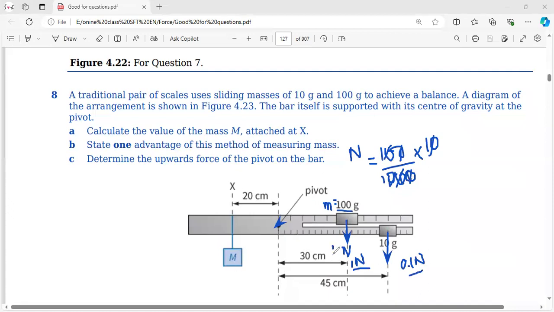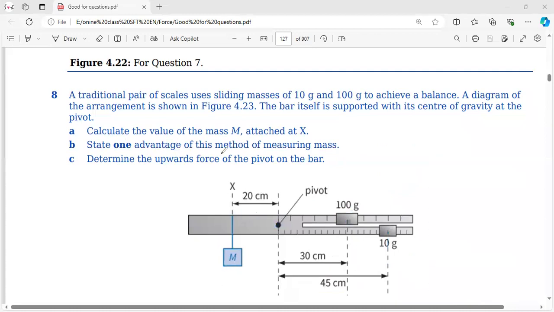So how to find the m value? 1 Newton multiplied by 30 divided by 100. 0.1 Newton multiplied by 45 divided by 100. And it should be equal to m multiplied by 20 divided by 100. And you can just find out the value, right? Okay. And then you can find out what is the one advantage of this method of measuring mass, right?